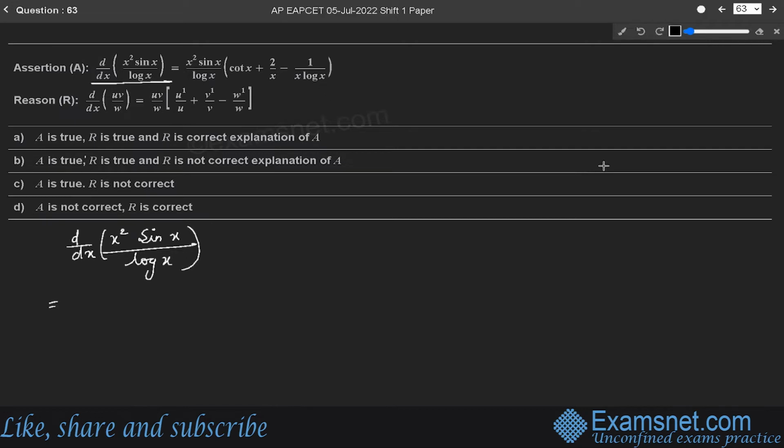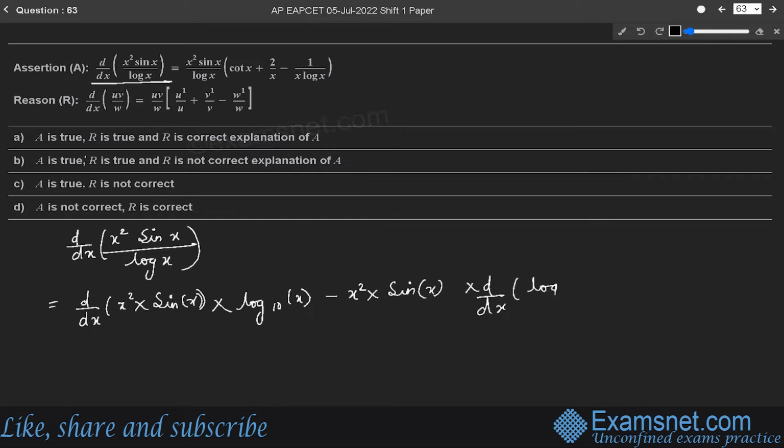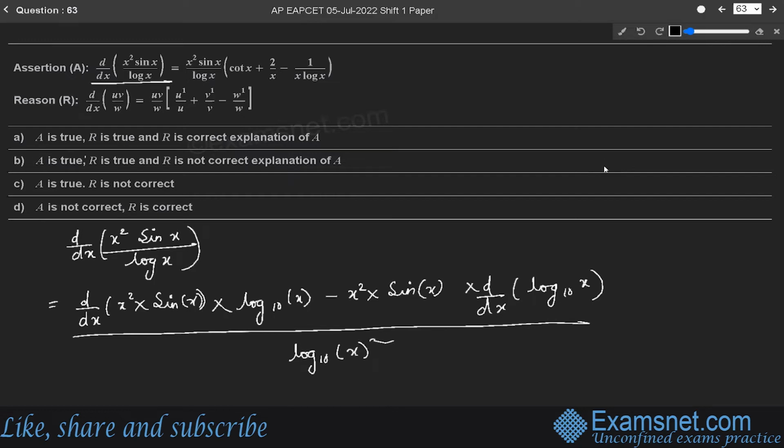Now differentiating it, it will be d by dx of x square into sin x into log base 10 x minus x square into sin x into d by dx of log base 10 x, whole divided by log base 10 x square.